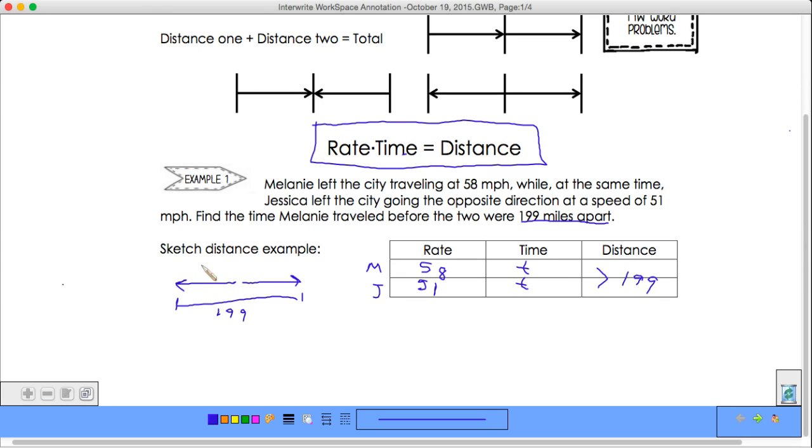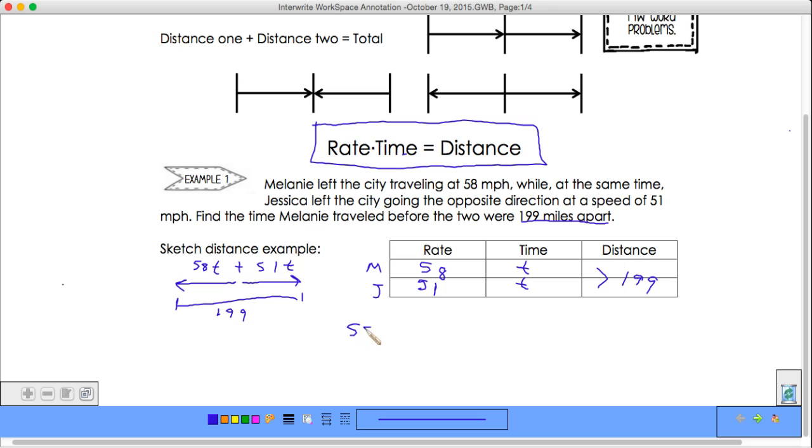So for this distance, we have the rate times the time. Her distance would be 58t. Jessica's distance would be her rate times her time, so we're going to have 51t. And we want to know when those two together will equal the 199.